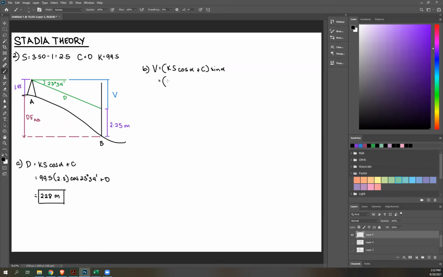K given 99.5, S solved for 3.50 minus 1, which is 2.50. Cosine alpha also given 23°34' plus 0 sine 23°34'. Please solve. What's the answer?